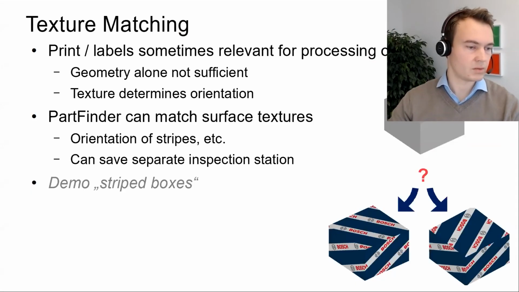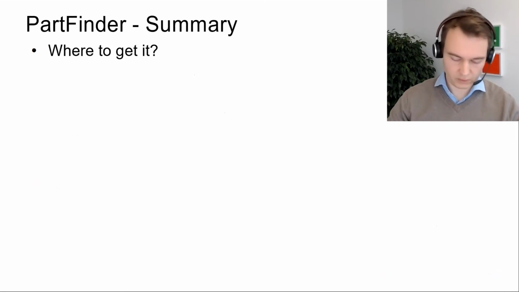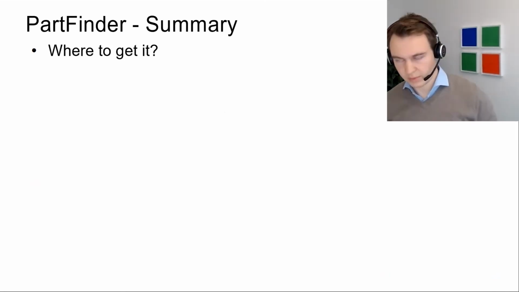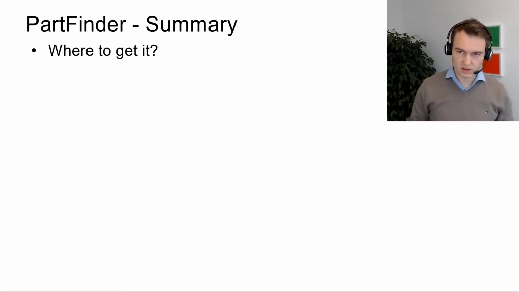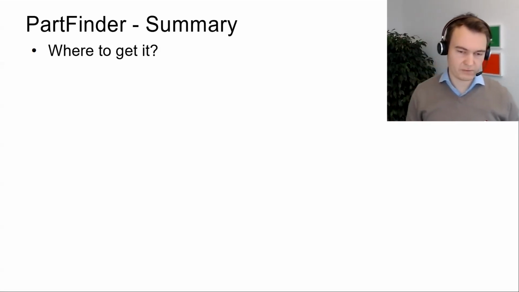Let's go back to the presentation. So now let's have a quick summary. So PartFinder, what is it? First of all, it's a software package integrated into Ensenso SDK to locate objects.